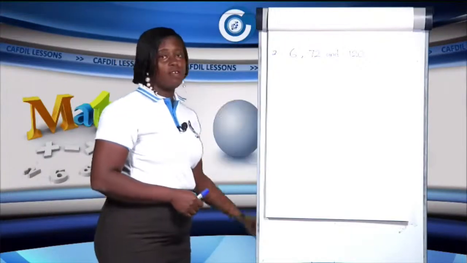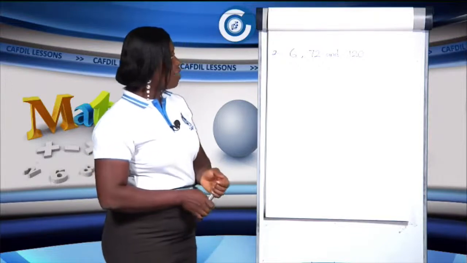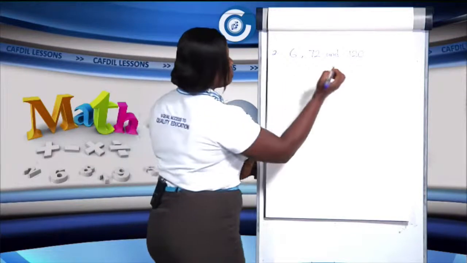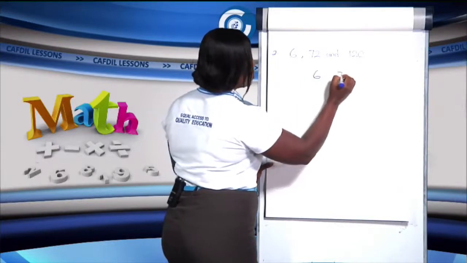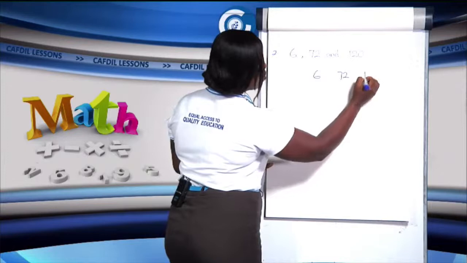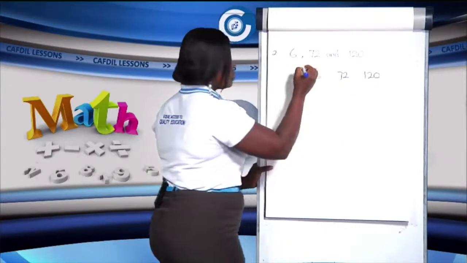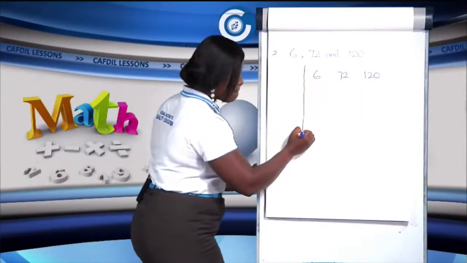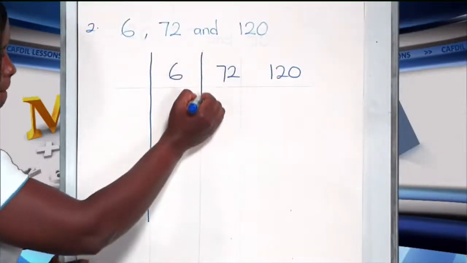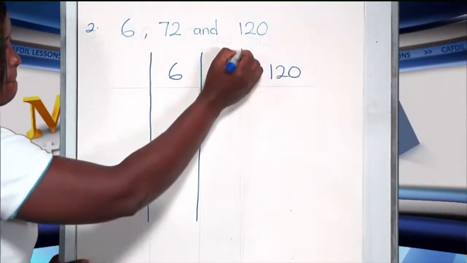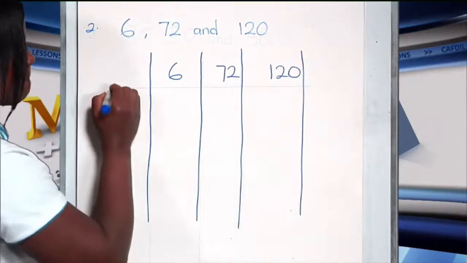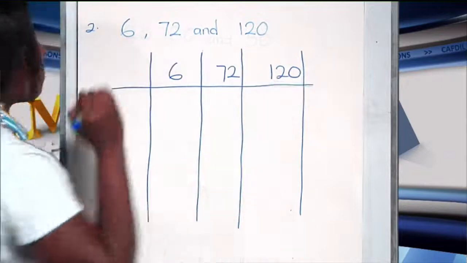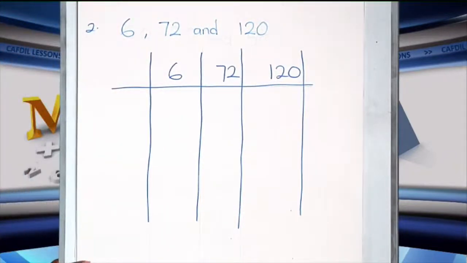Let's look at the second question. LCM of 6, 72, and 120. Let's draw our table with the numbers. We have 6, 72, and then 120. In our table, let's look for a number that can divide the numbers.